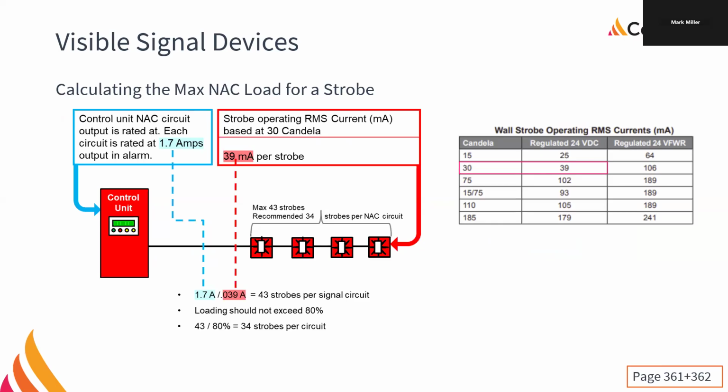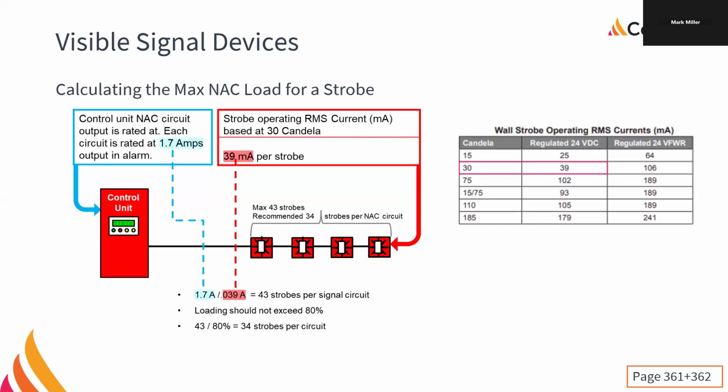30 candelas at 30 milliamps per strobe, 34 strobes per circuit. Rarely will you get to more than that. And you're probably using 16 gauge or 14 gauge because the voltage drop becomes more of an issue. Most of the manufacturers have calculators. You might be able to download them or it might be web-based, based on the specific parameters of their devices.